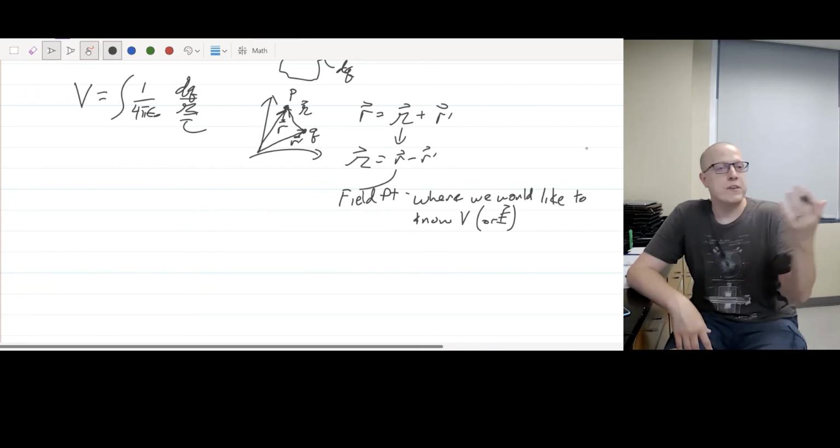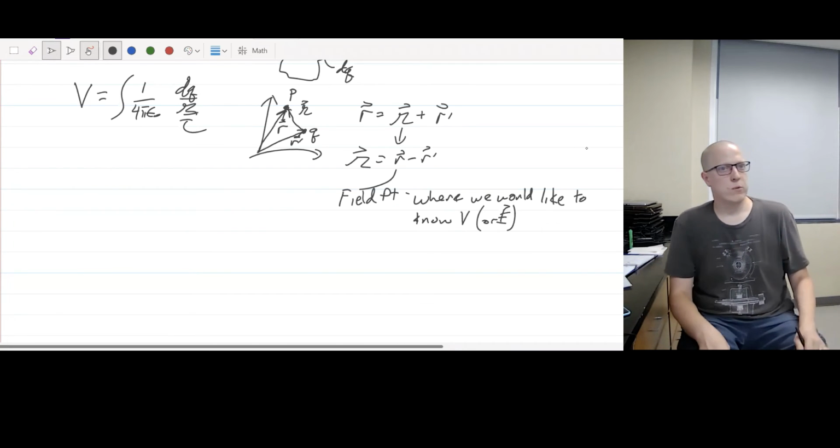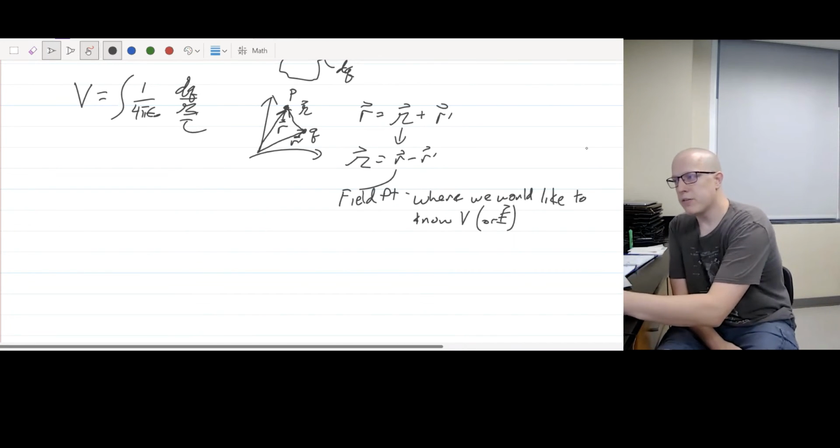It's called the field point because mostly that's where we want to know the electric field. But in this case, it's where we want to know the potential. And then R prime is what we call the source point.